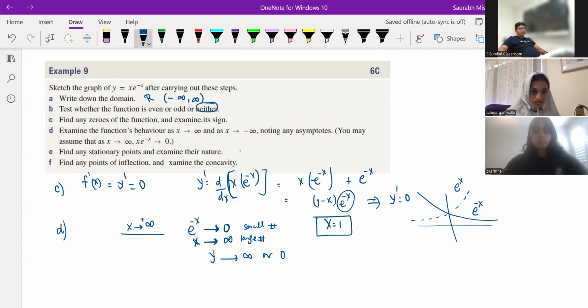Pratna? Does y approach 0 as x approaches infinity? I don't know. So that's what I'm asking. What is the reasoning to say that infinity or 0? What will be the reasoning for that?